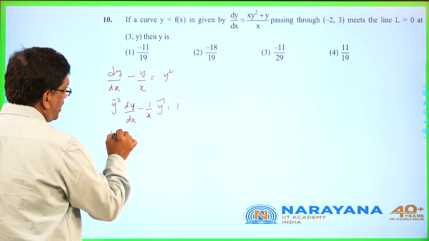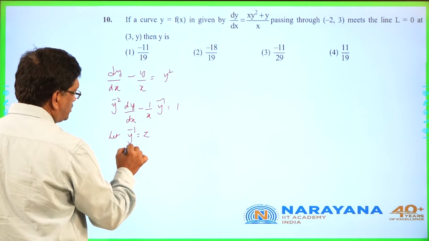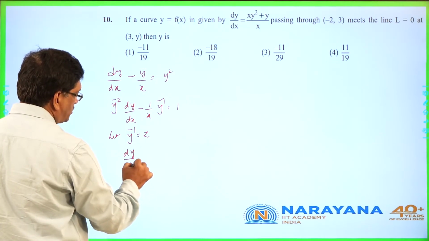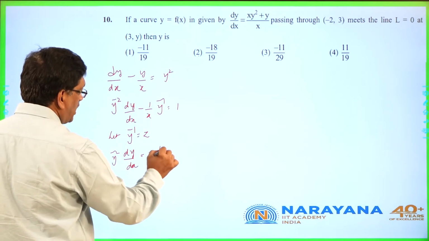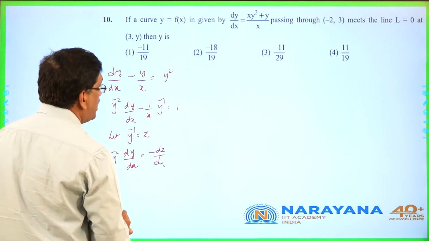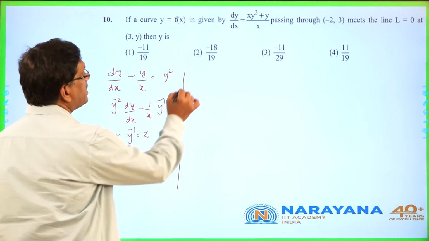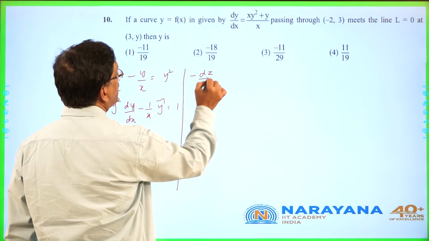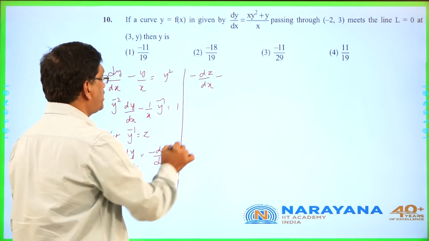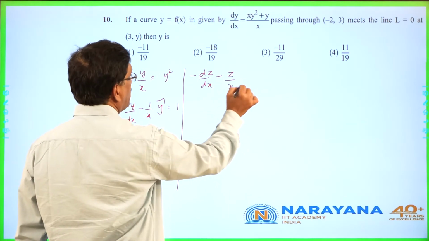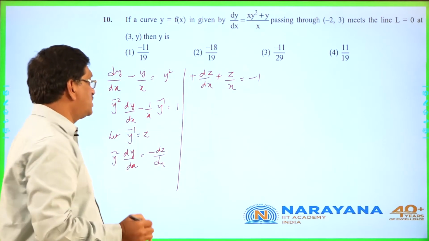So let us take y power minus 1 as z, that is dy by dx with y power minus 2 is equal to minus dz by dx. Let us substitute this in the problem. So minus dz by dx minus z by x is equal to minus 1, when you cancel this one.